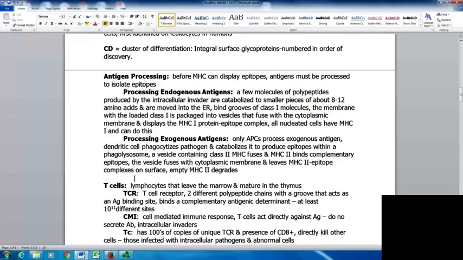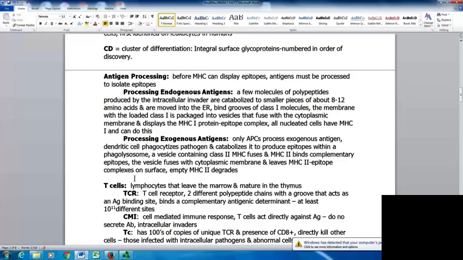And then they're moved into the endoplasmic reticulum. Here it's going to bind the grooves of class 1 molecules, and the membrane that is loaded with the class 1 gets packaged into vesicles that will fuse with the cytoplasmic membrane and display the MHC1 protein epitope complex. So all nucleated cells are going to have MHC1 and can do this.